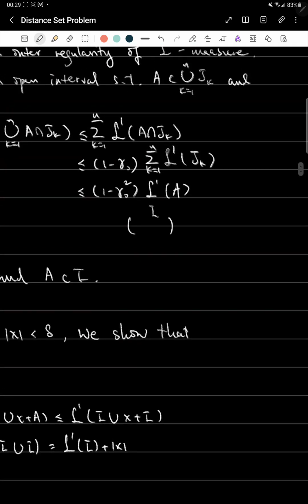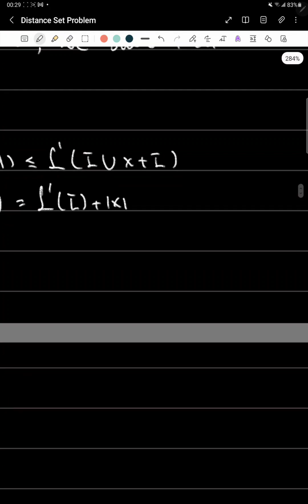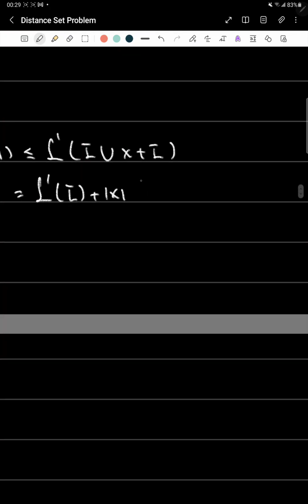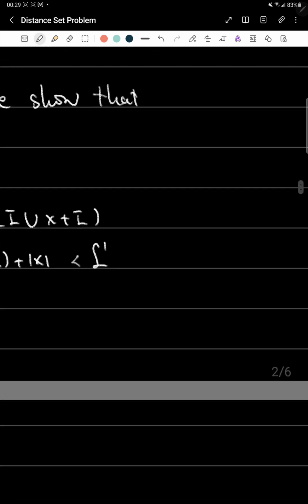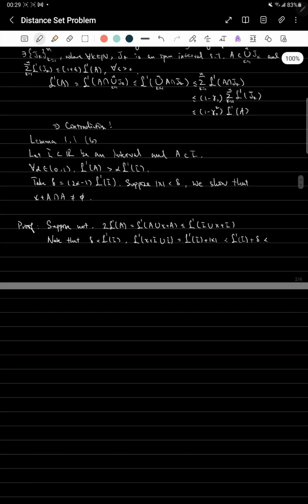This is an interval, and then you translate it by x, and the length is the Lebesgue measure of I, and this is x. And then by the assumption, this thing will be smaller than the Lebesgue measure of I plus delta, which is smaller than 2 plus delta.